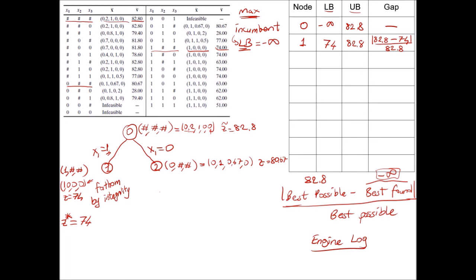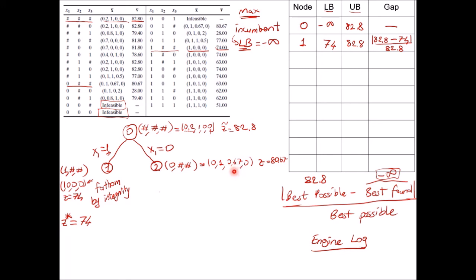Okay, now I need to make a decision. Can I fathom by infeasibility? No, I have a solution. We can fathom by infeasibility only in these cases. If it says here infeasible, then we can fathom by infeasibility. If we have a solution, we cannot fathom by infeasibility. Can I fathom because of integrality? No, the x3 value is non-integer. I cannot. Can I fathom because of bound?